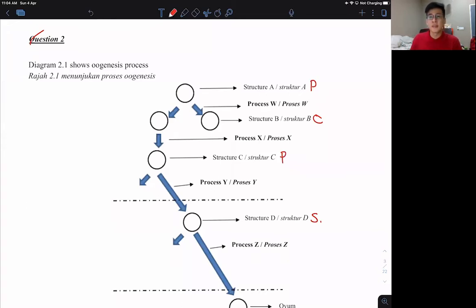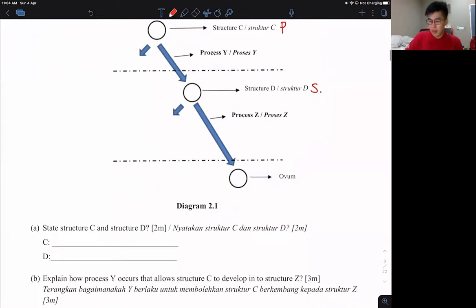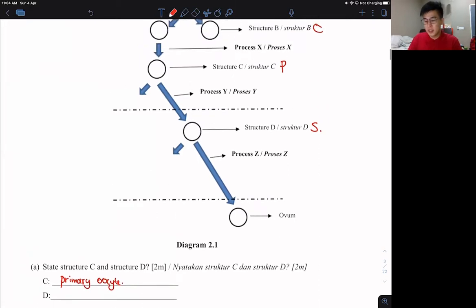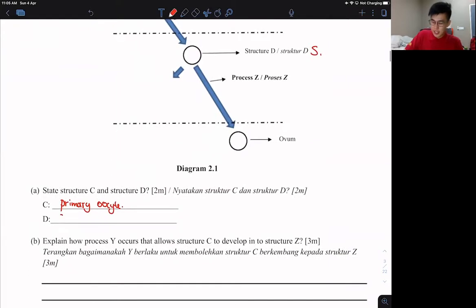P is primary oocyte. D, S, right before the ovum, is the secondary oocyte.